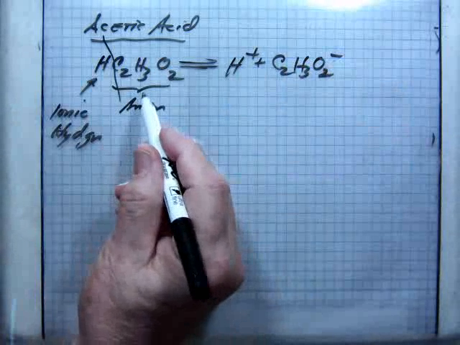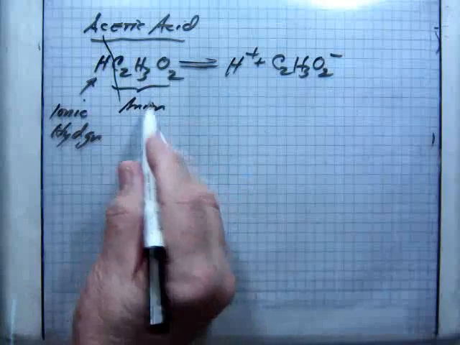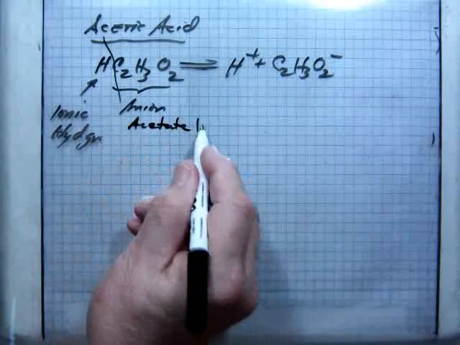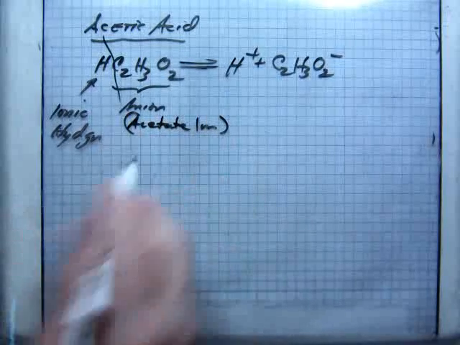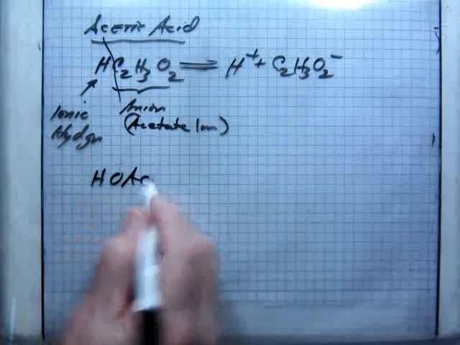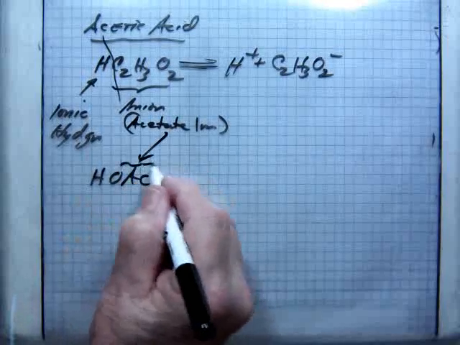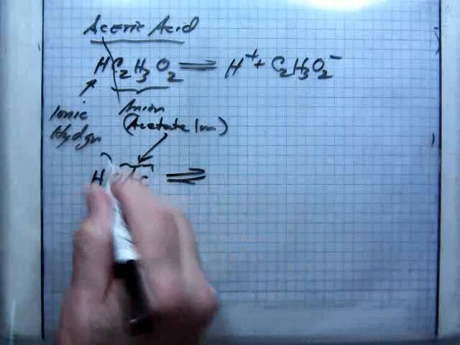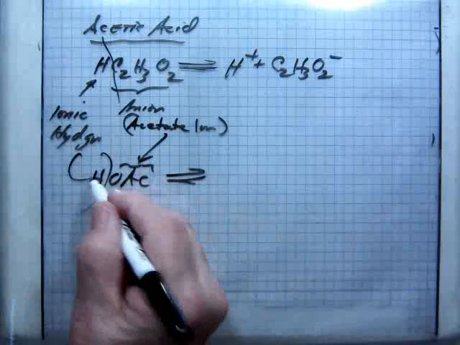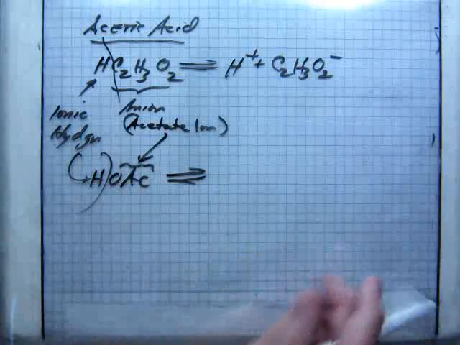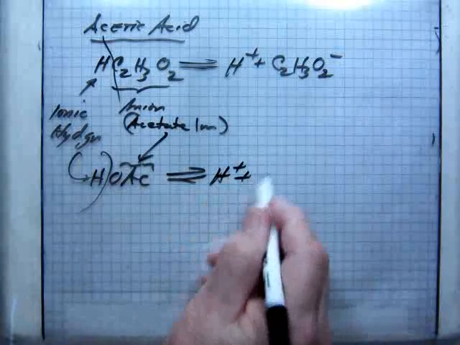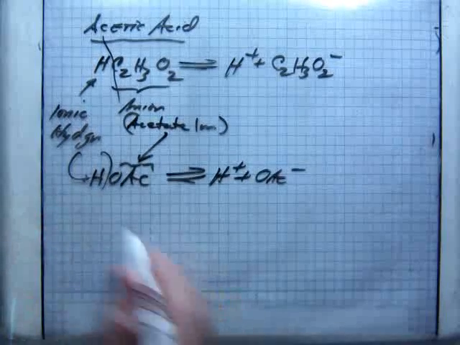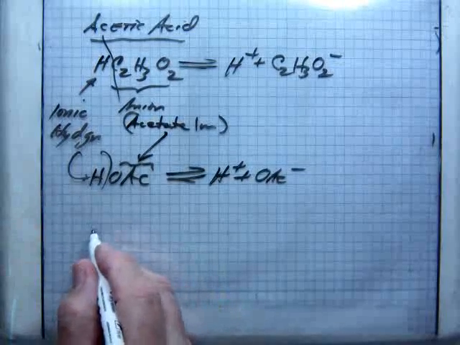Sometimes you'll have some shorthand methods where the acetate ion is written in an abbreviated form, HOAc. You'll see them in the literature like this, but you will always have that ionizable hydrogen still out in front of the abbreviation, and that will give you an H plus and OAc minus. Now, when you get to organic chemistry, you'll see it in a structural way.